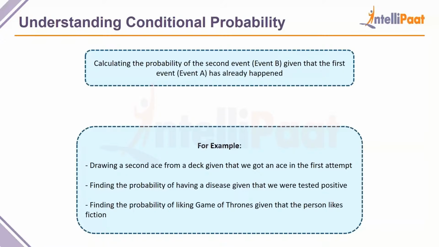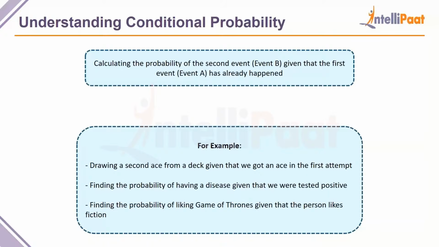Secondly, finding the probability of having a disease given that we were tested positive. So if you have been tested positive for some disease, you treated it and you have been tested again, what is the probability that after the treatment, the test is going to come out negative or positive? What's the probability that you are going to have that disease even though you have gone through the entire treatment?